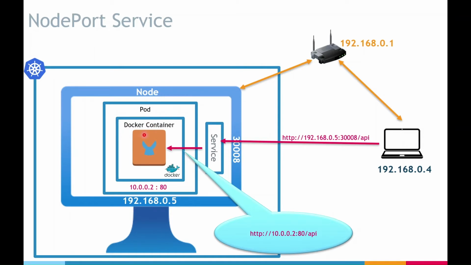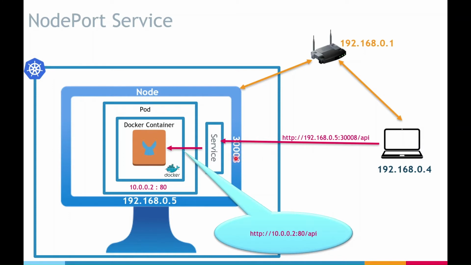Now, why do we do this? It's simple because the node and the agent, which is the laptop in this case, are both on the same network, which means that this laptop can easily access the node but cannot access the container. So what we basically do is we forward the port.